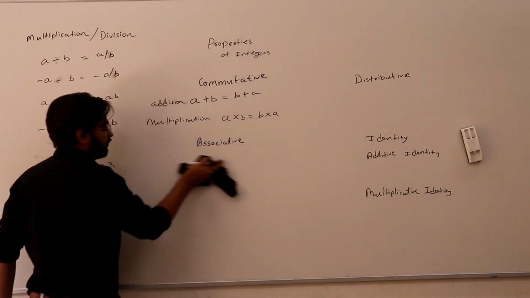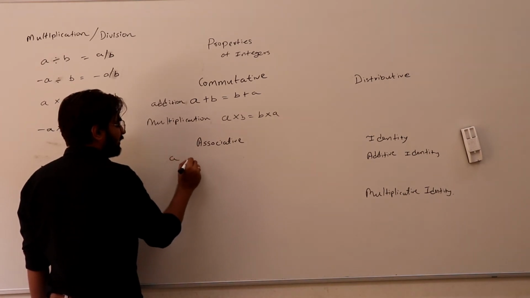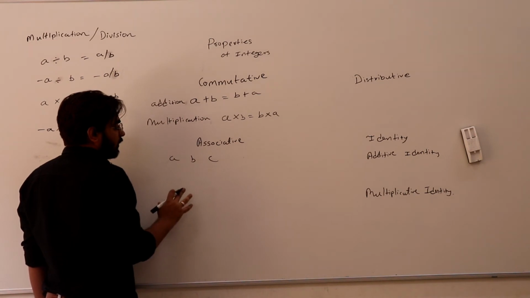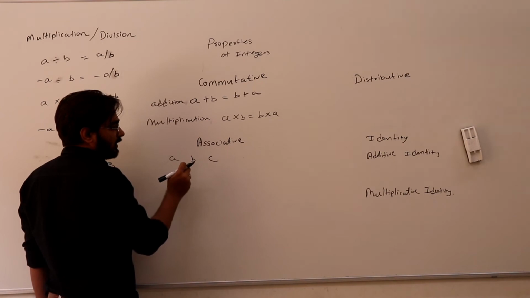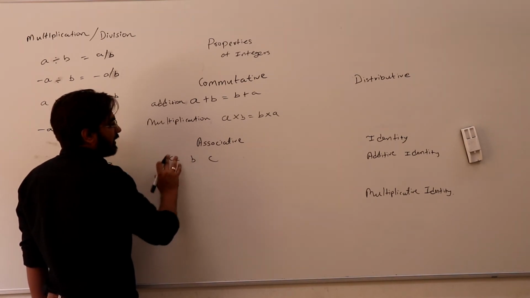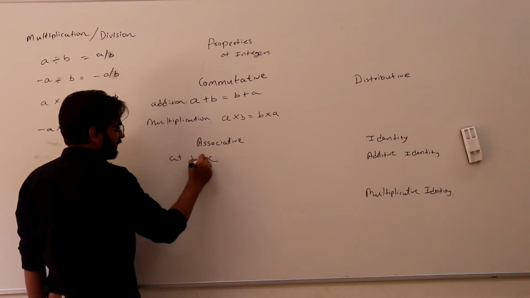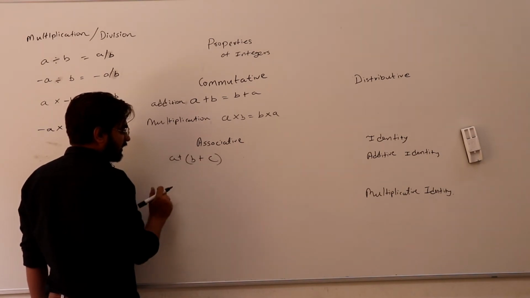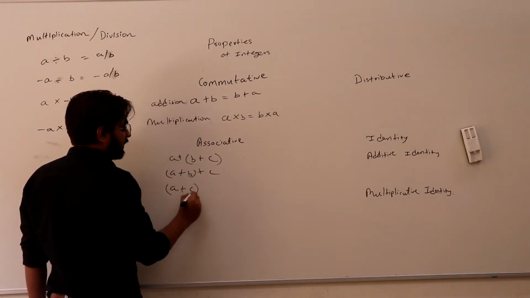Let us check for the associative property now. Associative means if there are two or more than two numbers, and I group different numbers, the answer shouldn't change. For example, for addition, first I do b plus c and then add a in the answer, or I do a plus b and then add c, or I do a plus c and then add b.